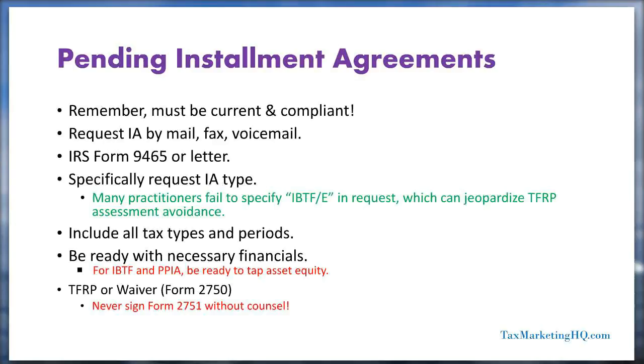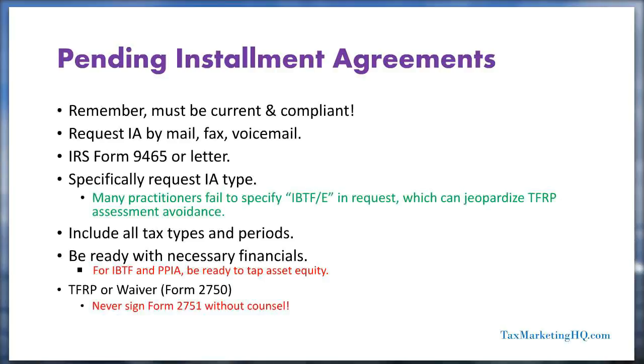Word of wisdom, tell your clients never to sign anything without talking to you first. The most important document in particular is the 2751. The 2751 form comes with the 1153.